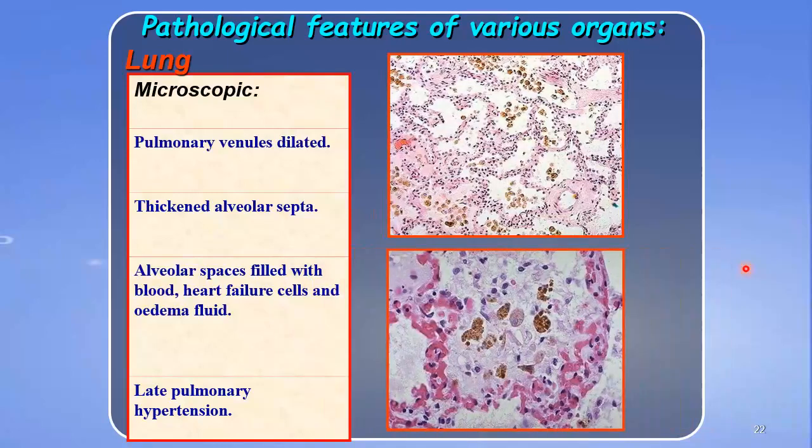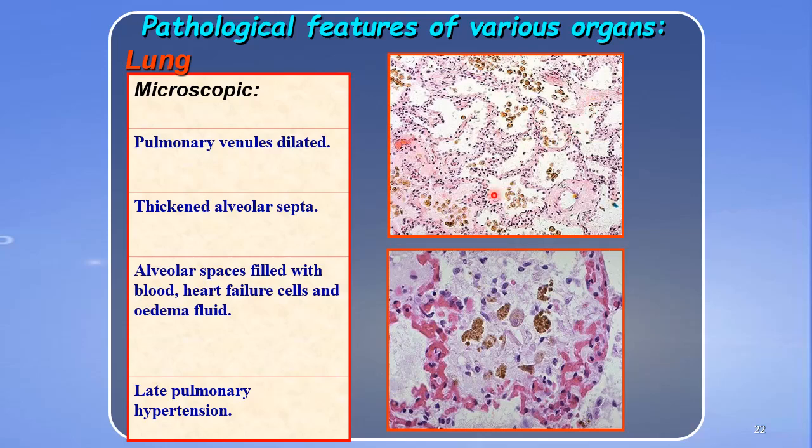This is a microscopic picture of the chronic venous congestion in the lung tissue. Here we can see that pulmonary venules and alveolar capillaries are dilated, and the alveolar walls or alveolar septa are thickened due to edema in early condition and later due to fibrosis.